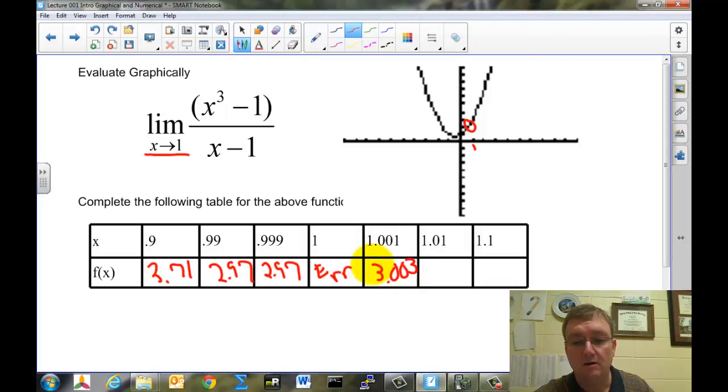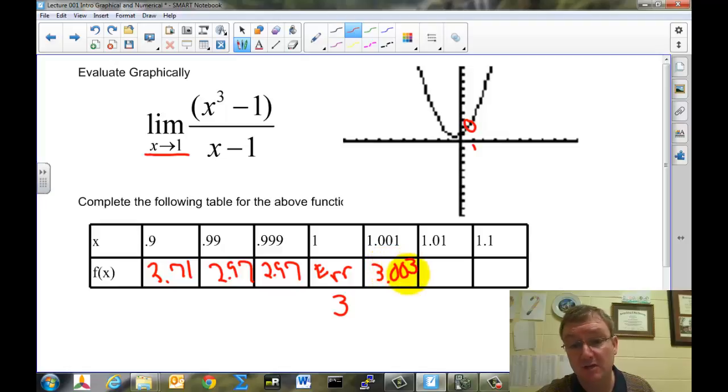So, now let's take a moment and look at 0.999, it was at 2.997. When we crossed over to the other side, it's at 3.003. So I wonder what this number is getting close to here. Well, what's kind of between 2.997 and 3.003? It looks like it's approaching the number 3, I would say. And if you go to your calculator and find out what 1.001 is and 1.1, you're going to find that they're very similar.